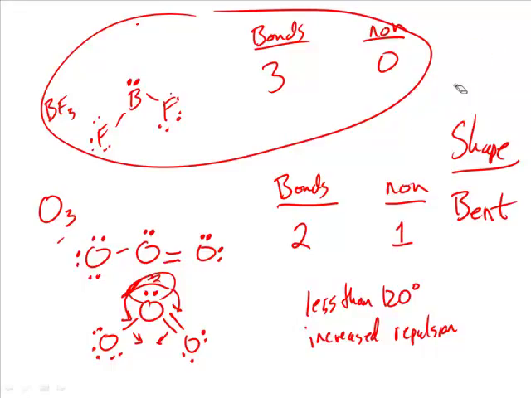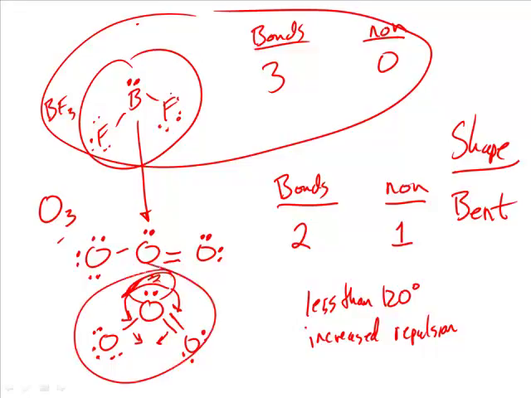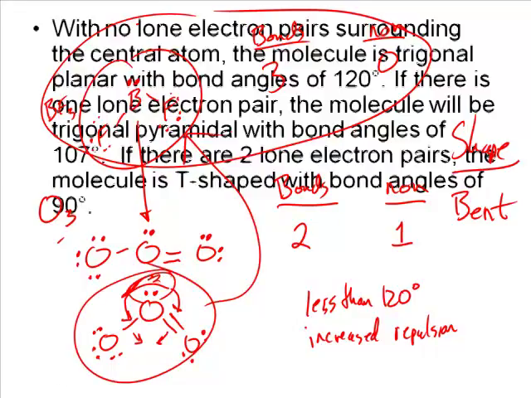Okay, so far we've talked about the 5 basic shapes. We've talked about linear, trigonal planar, tetrahedral, trigonal bipyramidal, and octahedral. Now we've taken one of those shapes, the trigonal planar, and we've reduced it to something simpler. But again, this shape is based on that shape right there.